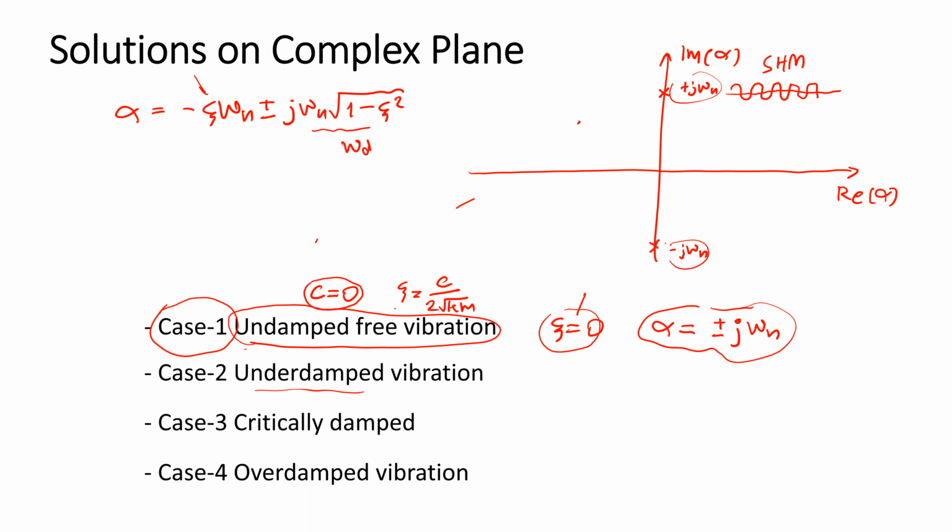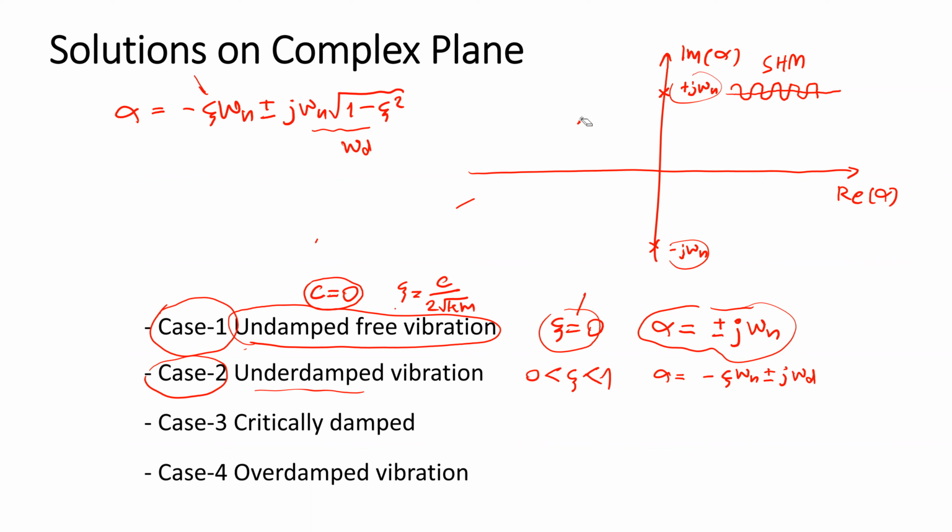The second case is the underdamped vibration. The damping ratio will be between 0 and 1. When the damping ratio is between 0 and 1, of course, we can see minus psi omega n plus or minus j omega d.